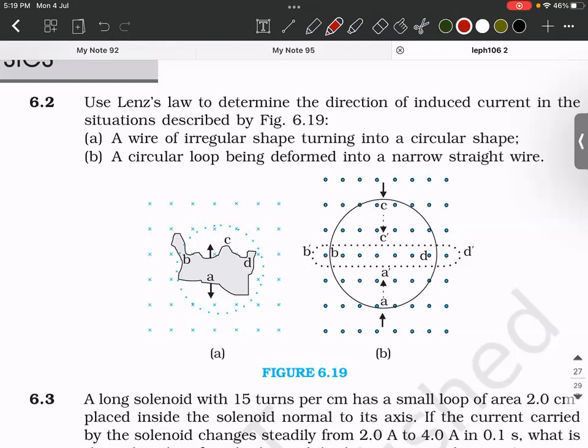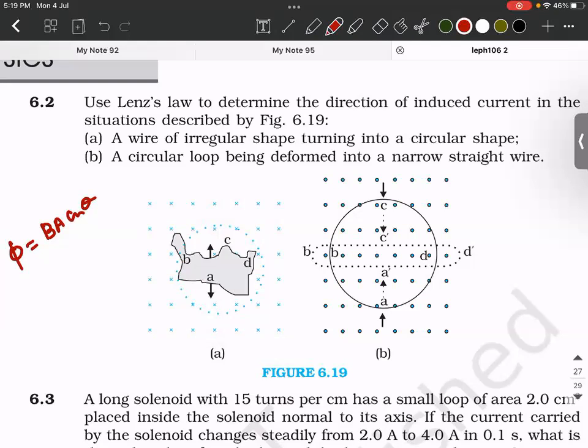So what are the parameters you are supposed to check? Flux is BA cos theta, where B stands for magnetic field, A stands for the area magnitude, and theta represents the orientation between the magnetic field and the areal vector.